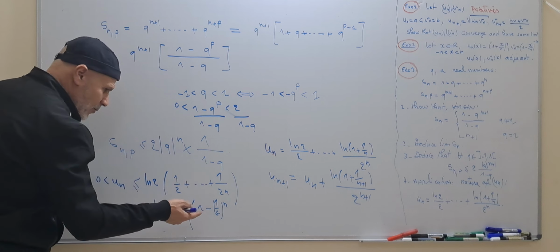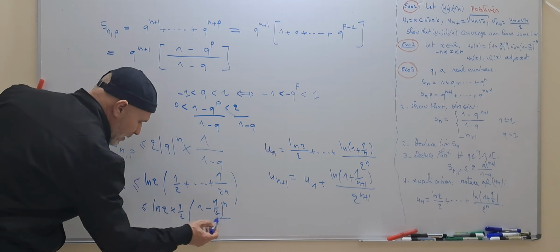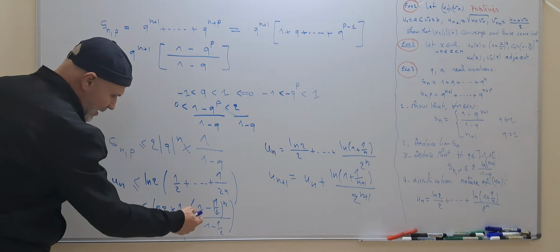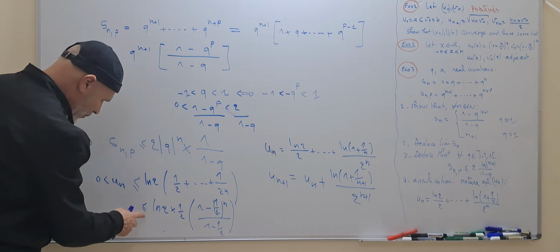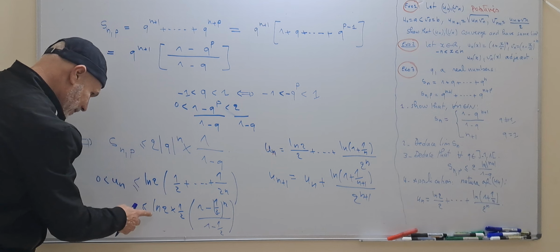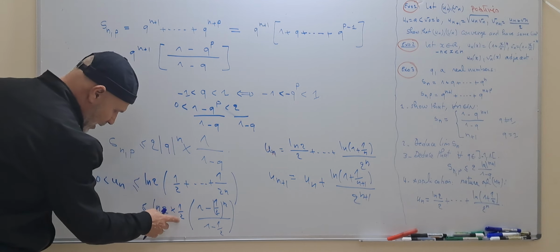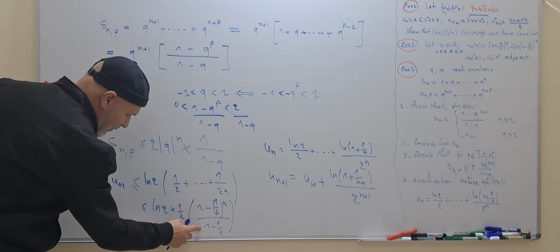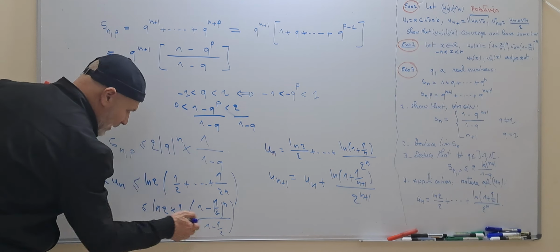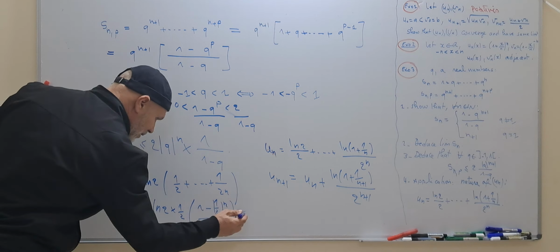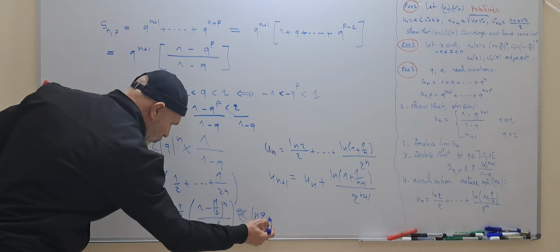When n goes to plus infinity, this goes to 0, so it is upper bounded by ln 2 times 1 half. We have here 2 times 1, so this is less than or equal to ln 2.